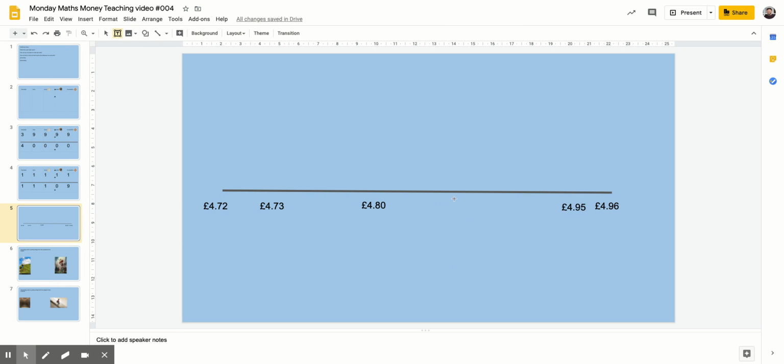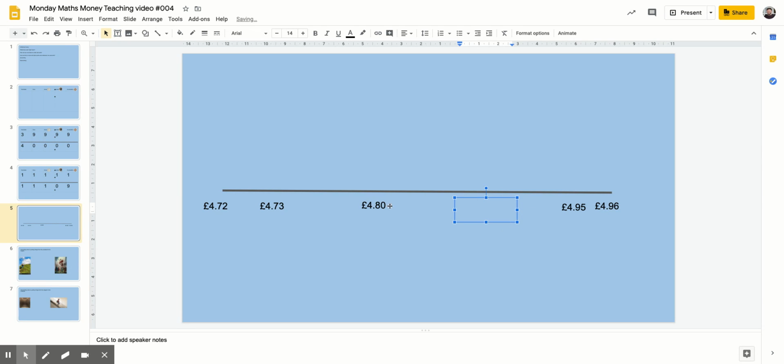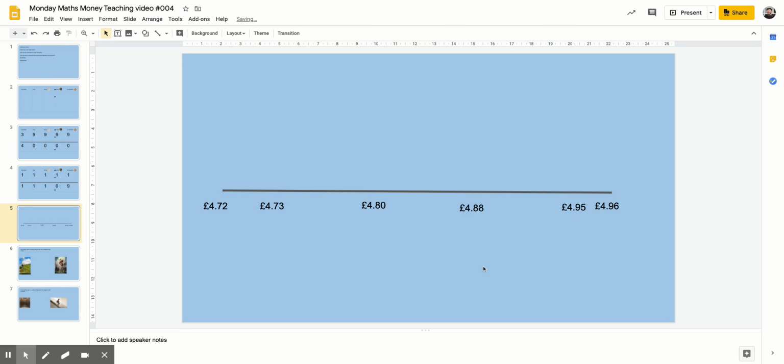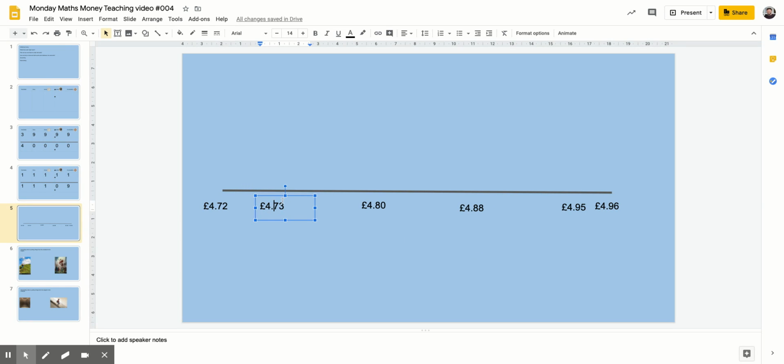And then what value would we think goes in between £4.80 and £4.95? There's a 15 difference between them, so I'm going to say I think around £4.88 there. I would look at this one.